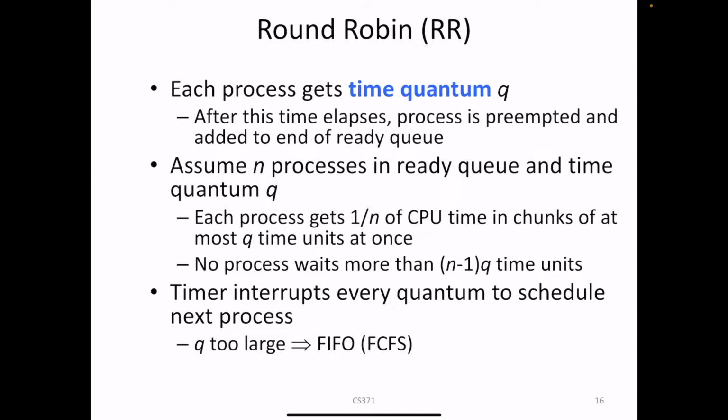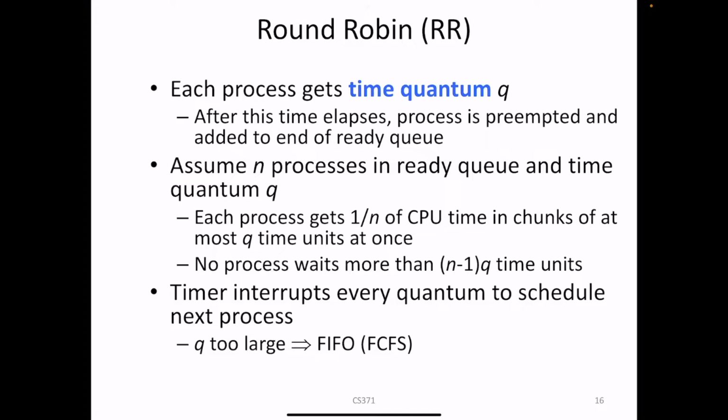Assume there are n processes in the ready queue and the time quantum is q. One good property is that round robin can guarantee each process gets 1/n of the CPU time in chunks of at most q time units at once. The other good property is that no process waits more than (n-1) times q time units.